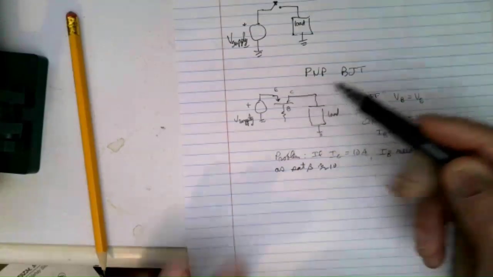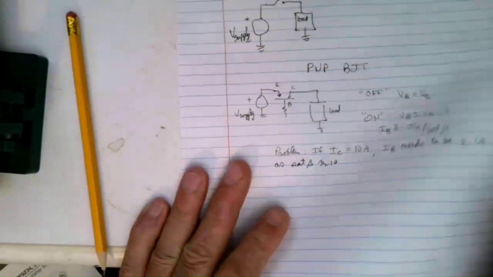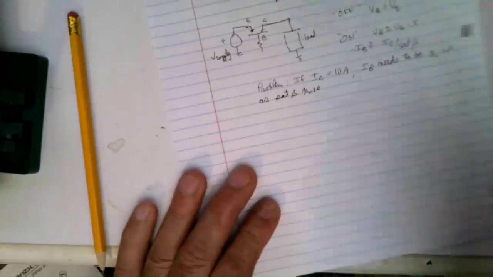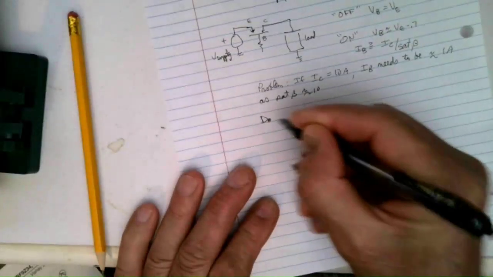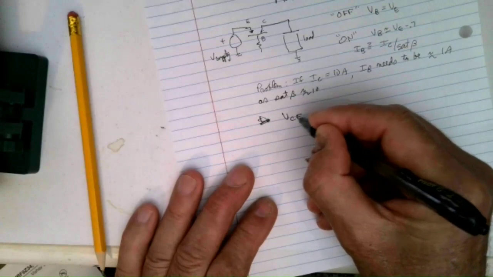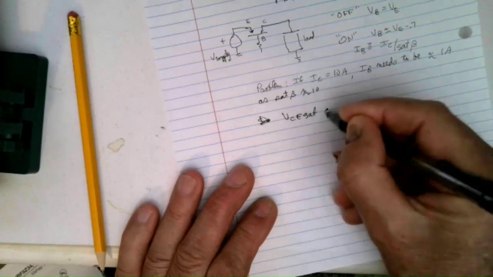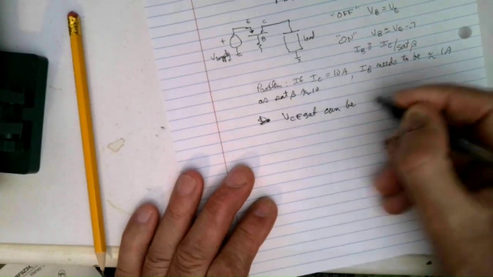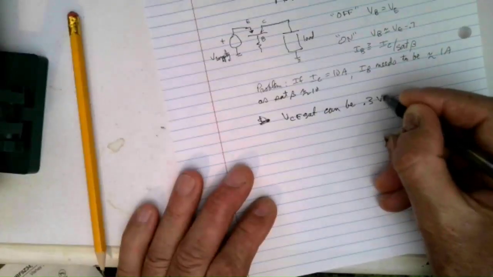For instance, do not use a 2N3904. So let me just start over again. VCE SAT can be 0.3 volts.